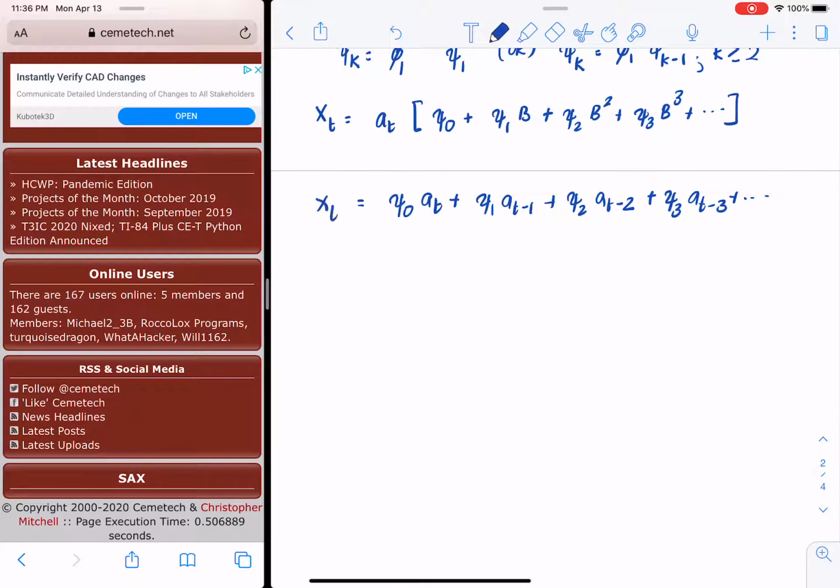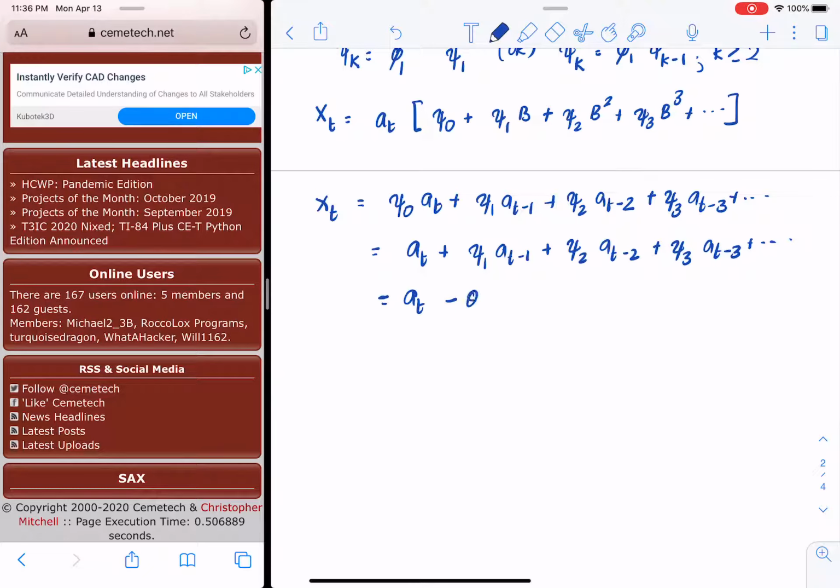So we started with an ARMA 1-1 model. Now, if you look at the right hand side, that pretty much looks like an MA model. So I could define new parameters here.